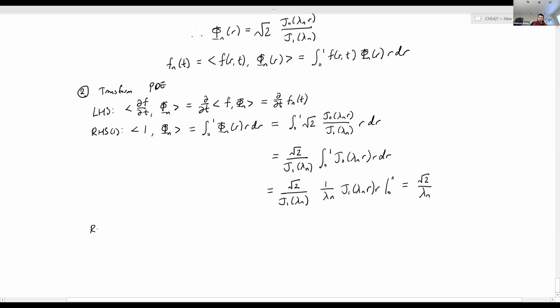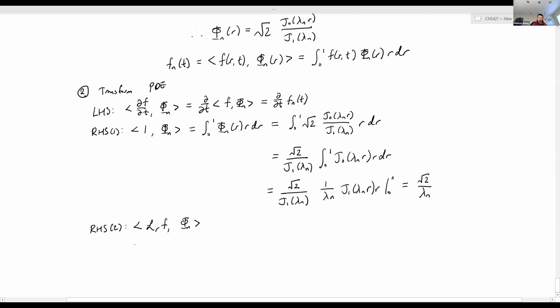We have our second term. That second term looks like this, where this L of r is that operator, 1 over r times d by dr. Here, I'll just write it out.